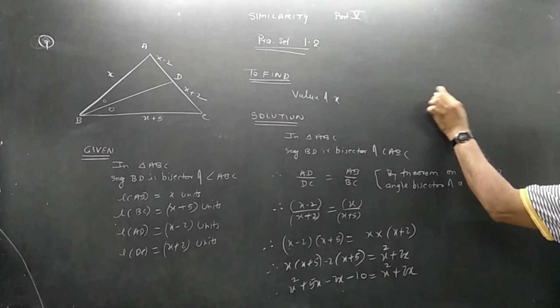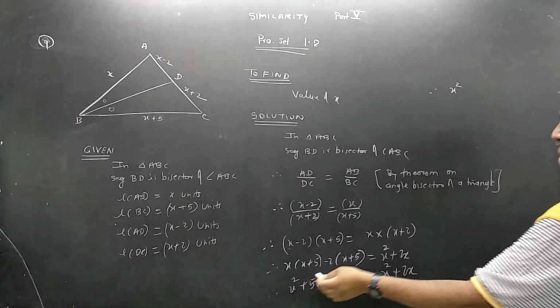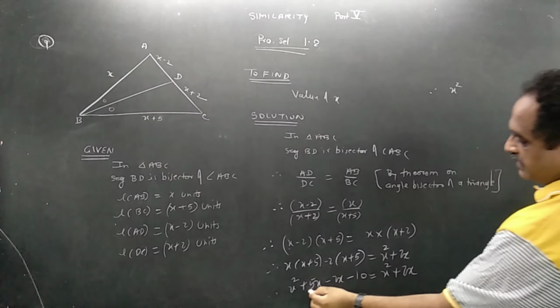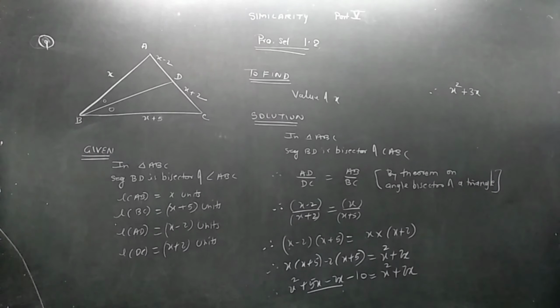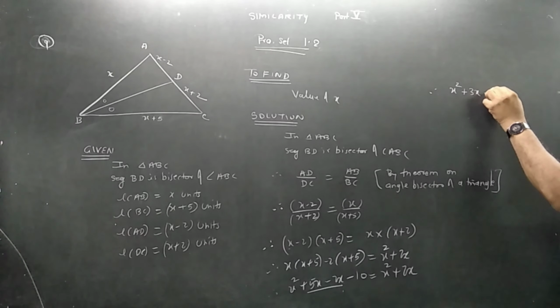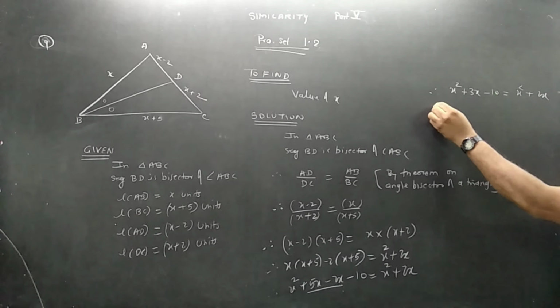Therefore, we will get x square. If I transfer x square to that side, we will do this part. 5x minus 2x is 3x minus 10 is equal to x square plus 2x. I'll do one thing, x terms I will take on that side.